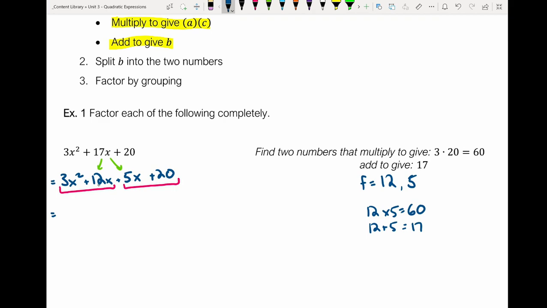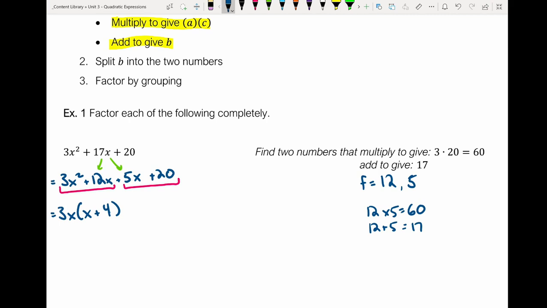In the first pair, I can see that there is a 3 common and an x common. So I'm going to factor out 3x and be left with x plus 4. Now the goal, because we're factoring by grouping, is to factor something out of the second pair that also leaves me with x plus 4.